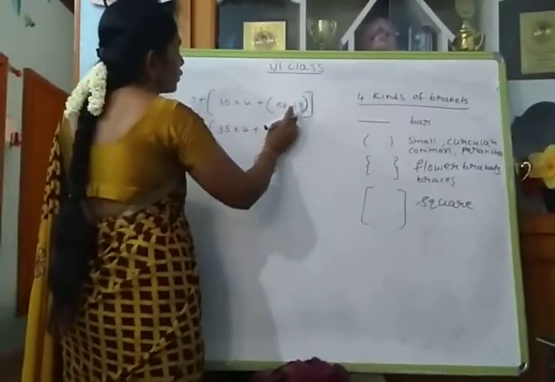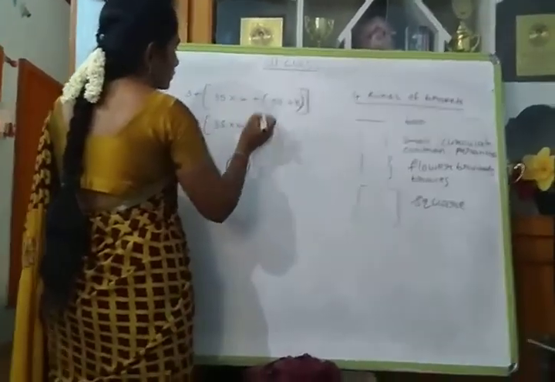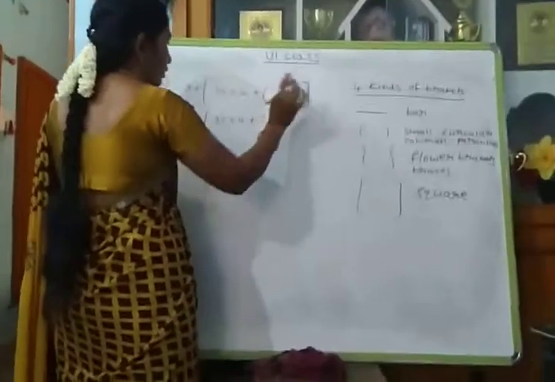So what you get: quotient, 8 sevens are 56, you get 7 in this place. So now remove the bracket.